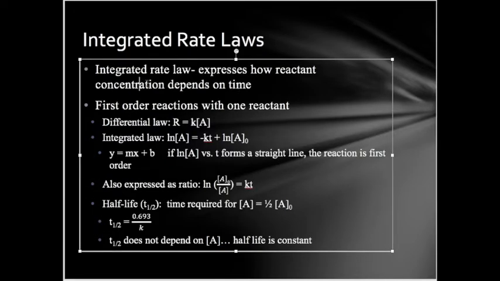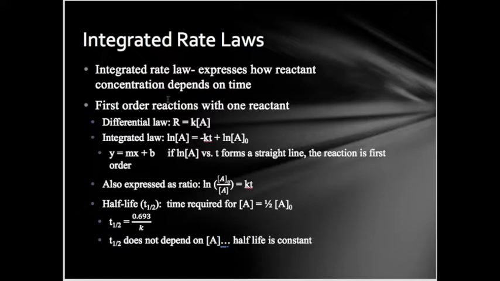So we're trying to relate concentration and time. This is a much more helpful form of the rate law because we can actually measure these. It's very, very easy in the lab setting to measure the concentration of a reactant as time goes on. So these integrated forms of the rate law are much simpler.